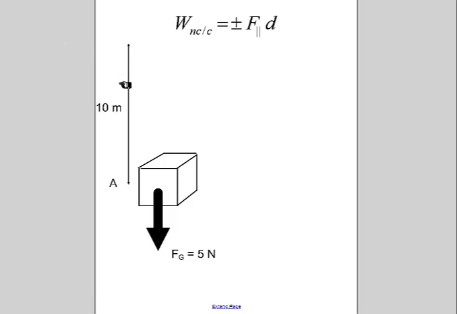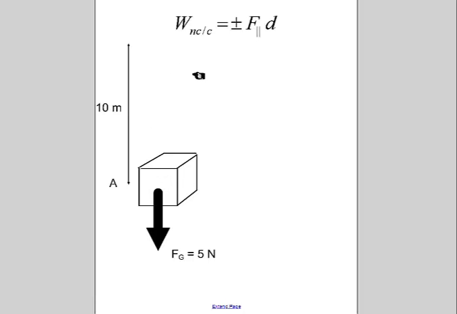So we'll start out with the simplest example of a gravitational force acting on a box. The whole difference between non-conservative and conservative forces can be seen through the idea of going away from a point and then coming back to it. So starting at, say, A, going somewhere else, and then returning to A and seeing what happens.